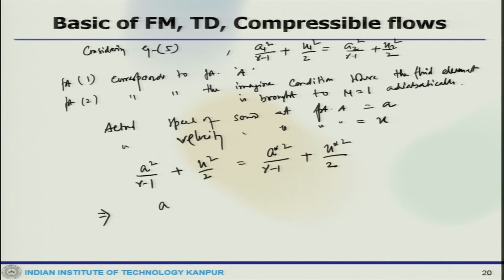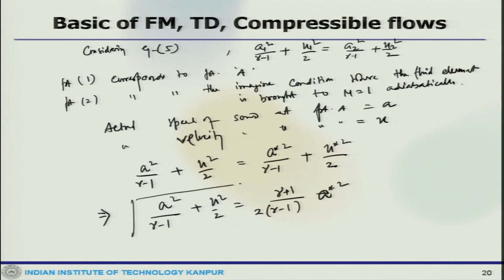So, this will give us a square equals gamma plus 1 by 2 times gamma minus 1, times a star square. So, this is equation number 6 that we get.